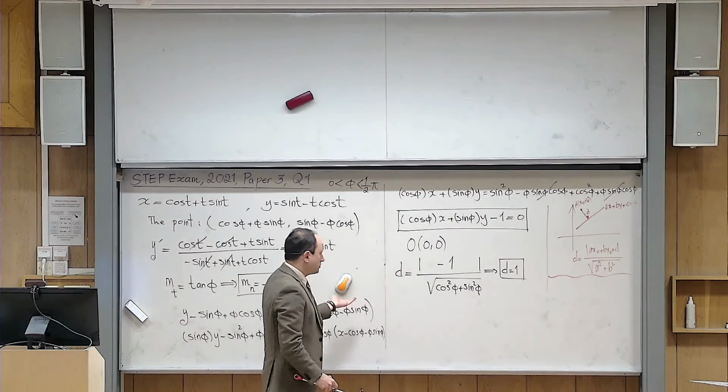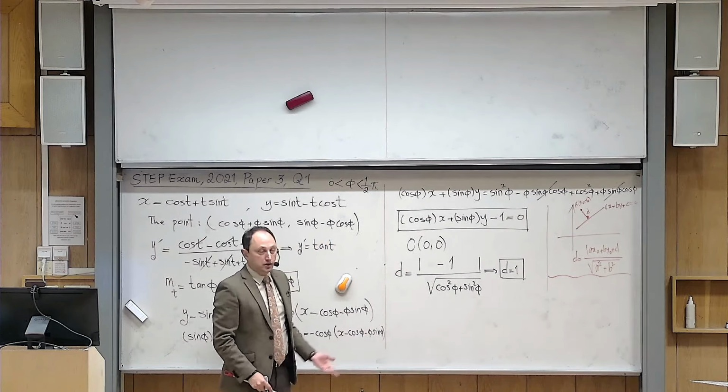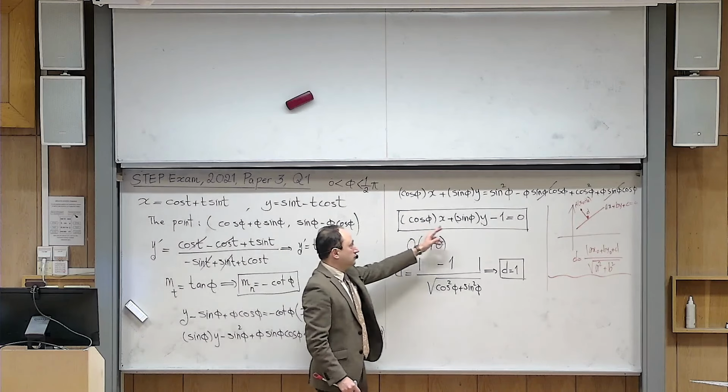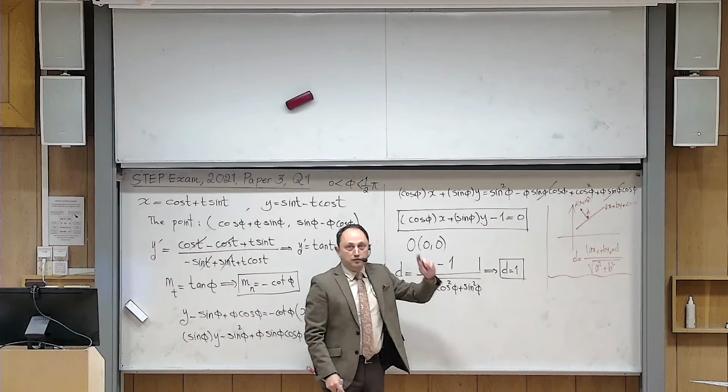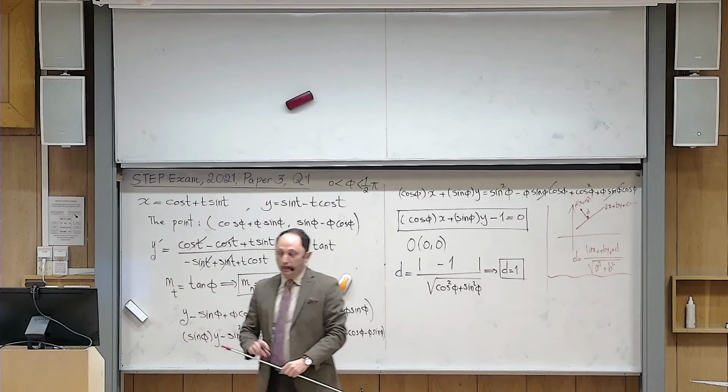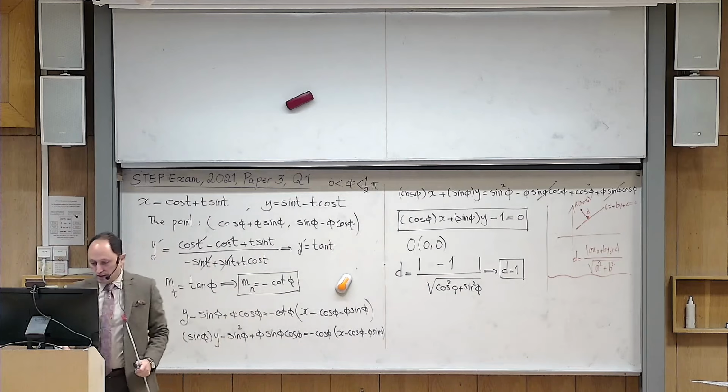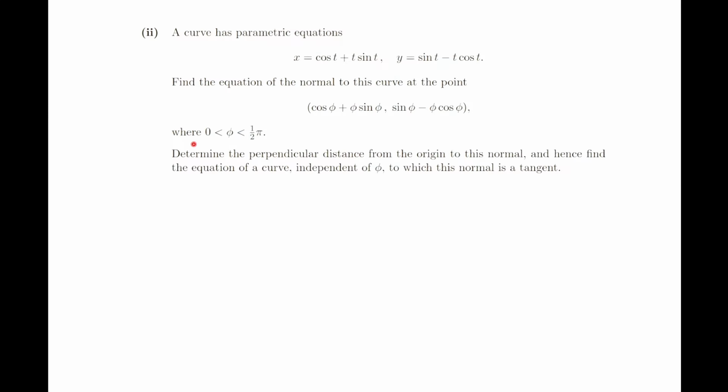But the calculation shows that no, for this case it is not the case. Any choice of phi will give rise to the same distance from the origin. Okay, now let us go back to the slides again. So determine the perpendicular distance from the origin to this normal line. We already did that, the answer is 1 independent of phi, yes?